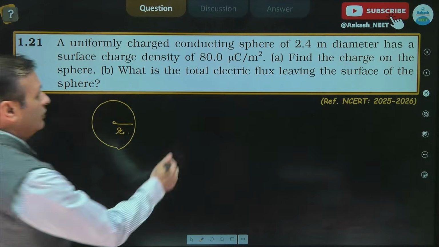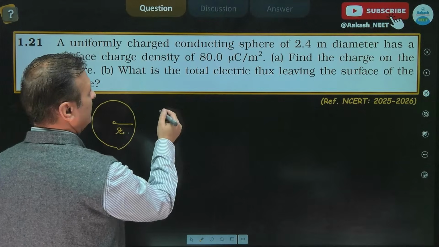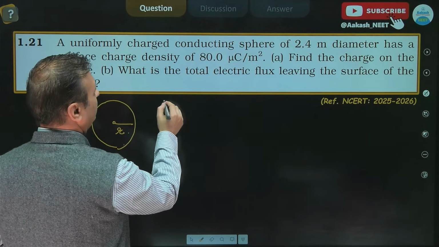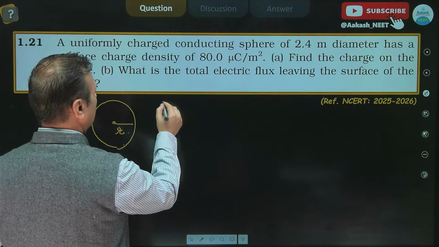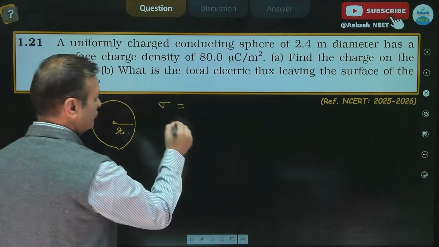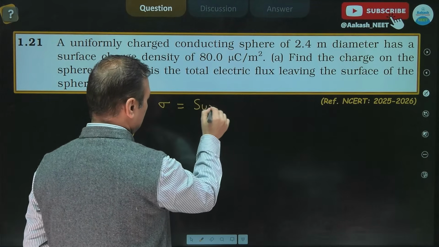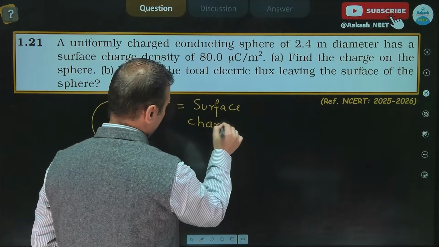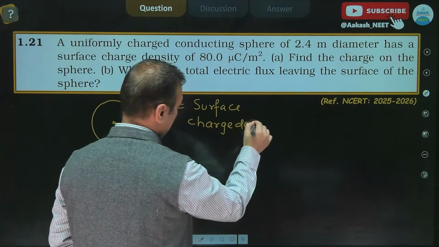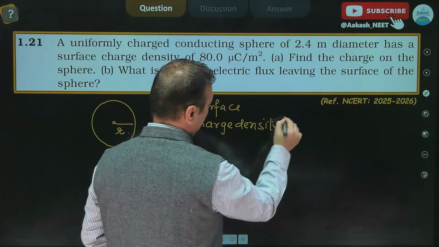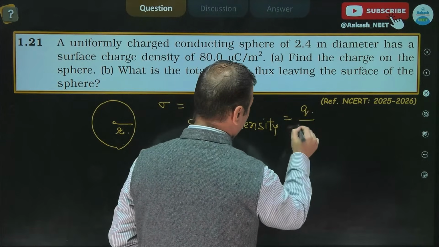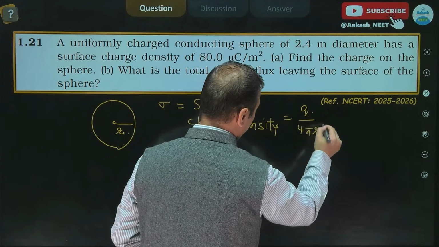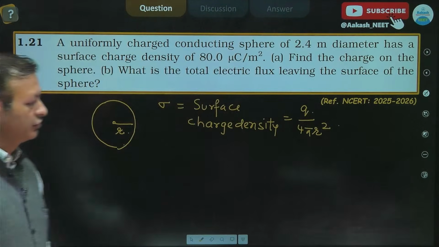Surface charge density, let's suppose, is sigma, and that is charge per unit surface area of this spherical configuration.